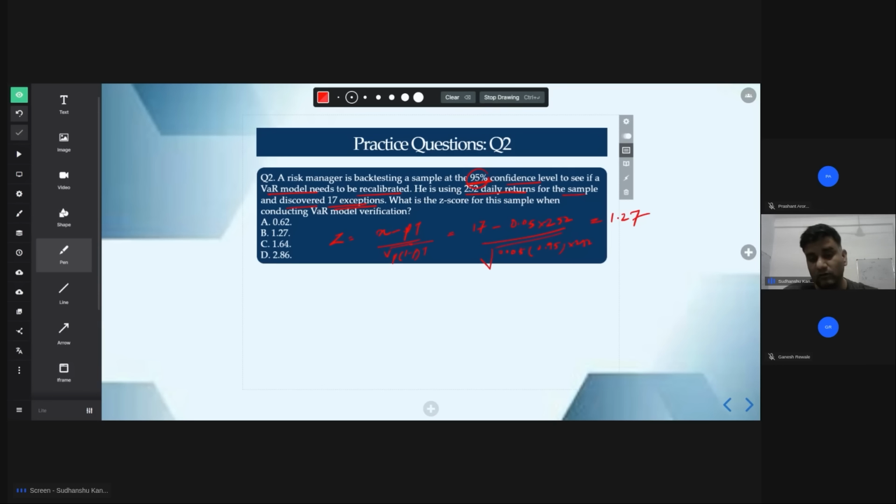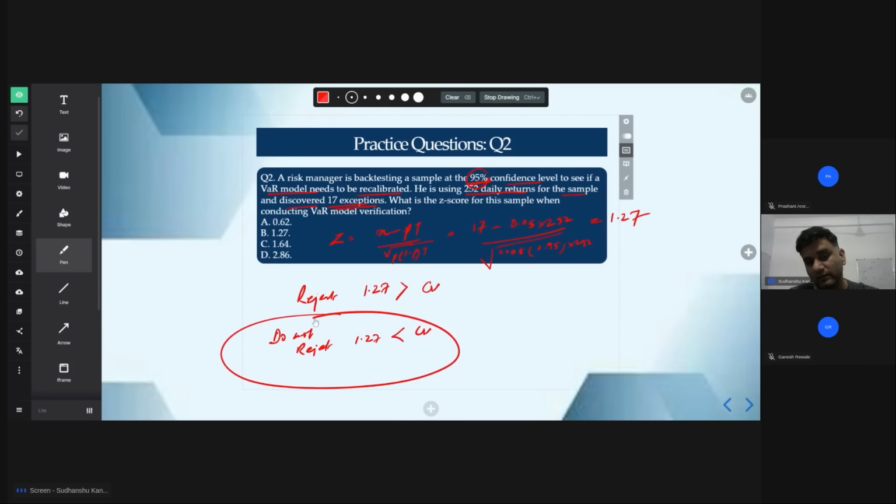You reject when 1.27 is greater than your critical value. You do not reject when 1.27 is less than your critical value. The critical value is 1.96 now, so 1.27 is lesser than that. So do not reject, right?